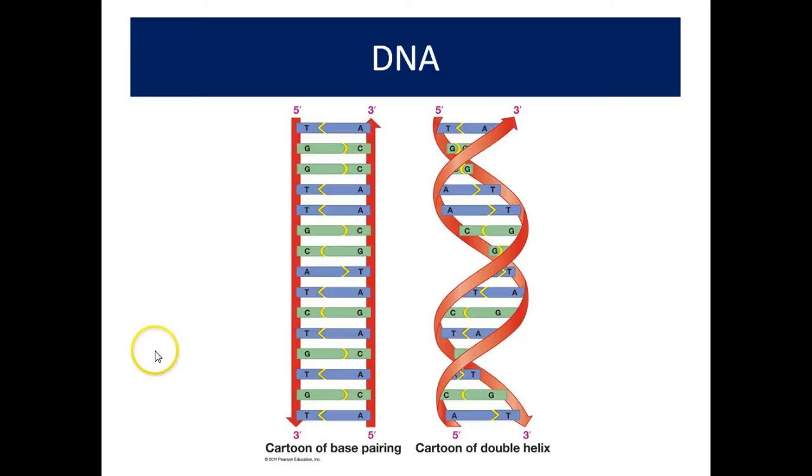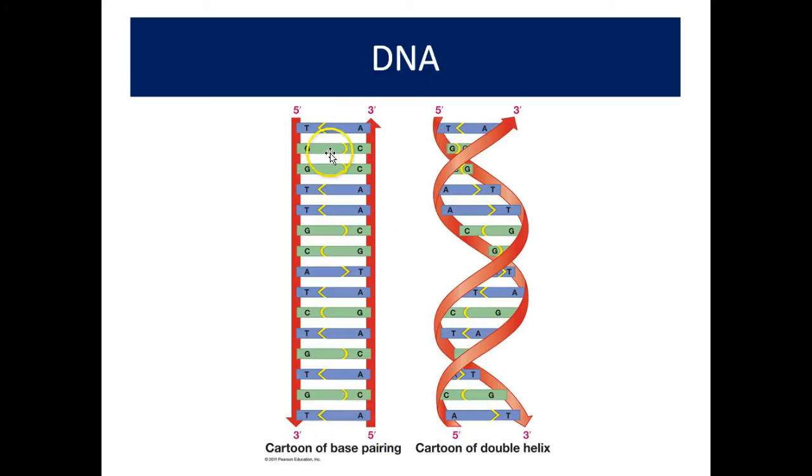Now in DNA, nitrogenous bases link together purines to pyrimidines. So A, which is a purine, always forms a bond with T, or thymine, which is a pyrimidine. GC, GC. Again, this is your sugar phosphate backbone.